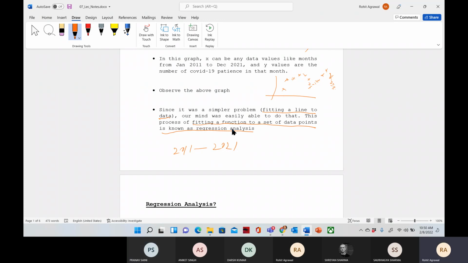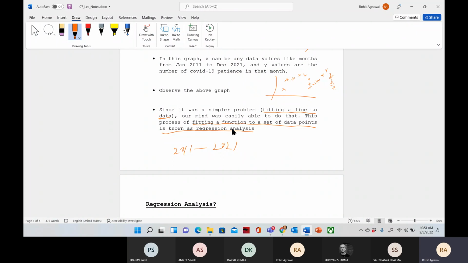Okay. So if you saw the news, you have heard that some professor from IIT Kanpur, or some professor from Chennai Mathematical Institute, or some professor from ISI Kolkata predicted that the third wave will arrive in March or April in 2022. How?